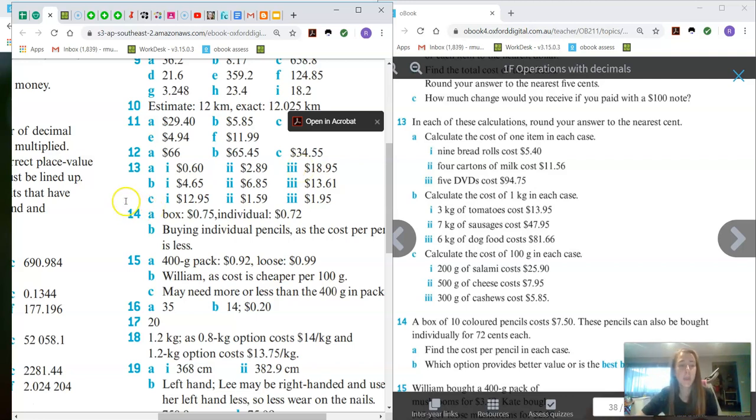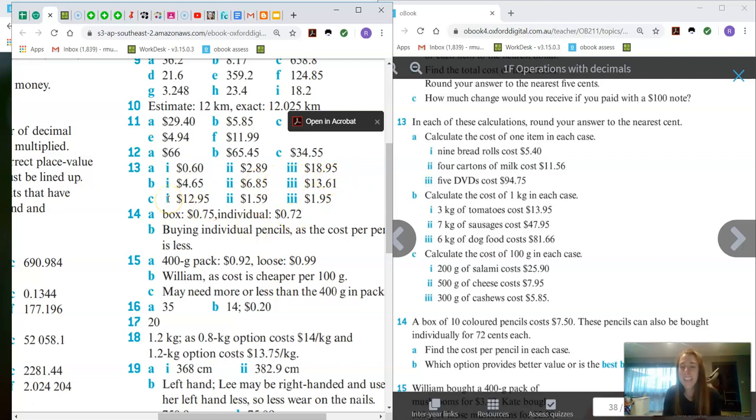Question B. 1 kilo of tomatoes is $4.65. 1 kilo of sausages will cost you $6.85, and a kilo of dog food will cost you $13.61.